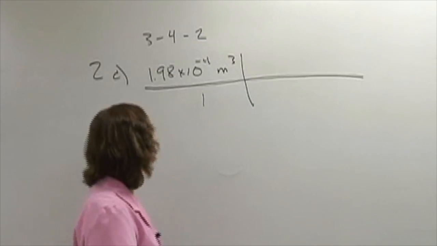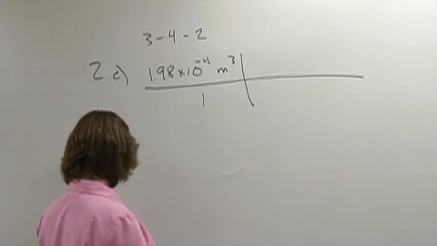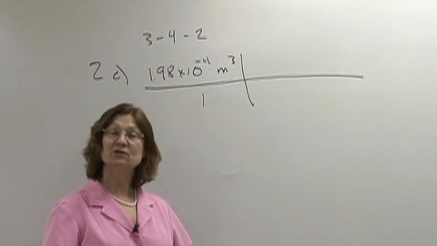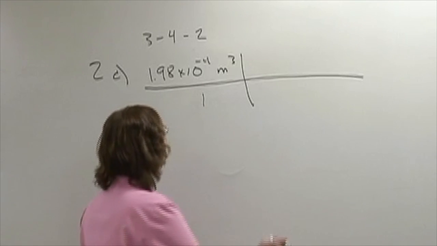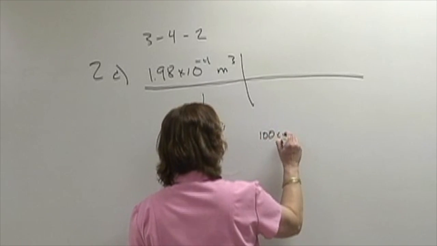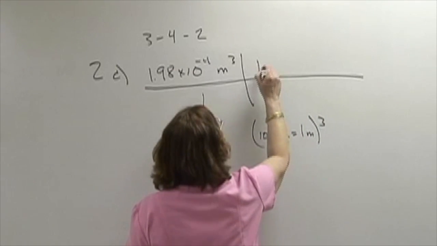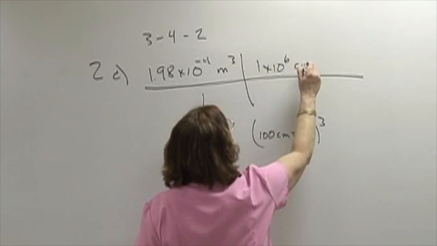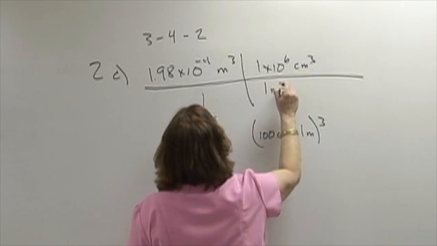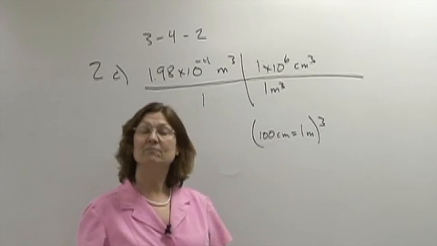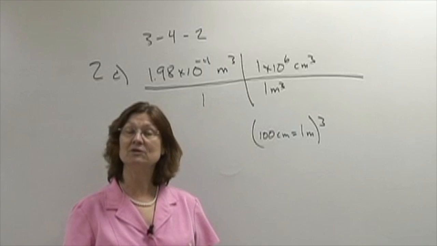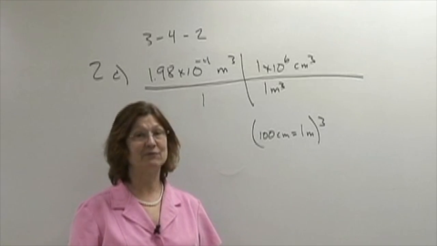In 2C, we have meters cubed, and we are changing it to centimeters cubed. So we're going in the reverse direction. Again, there are 100 centimeters is equal to 1 meter. And when I cube 100, I get 1 million centimeters cubed is 1 meter cubed. Now, when I have exponential numbers and I'm multiplying, I will add those numbers.